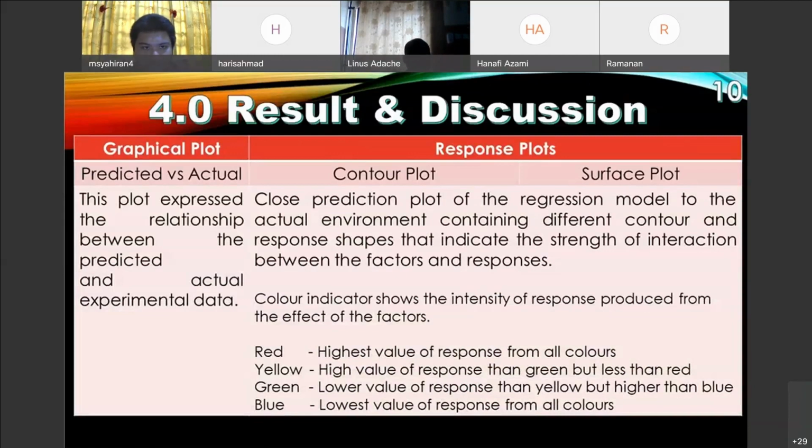The contour and surface plots are the predicted plots of the regression model that show the strength of interaction between the factors and responses. There are 4 color indicators, which are red, yellow, green, and blue, used in the response plot to show the intensity of the response from the effect of the factors.